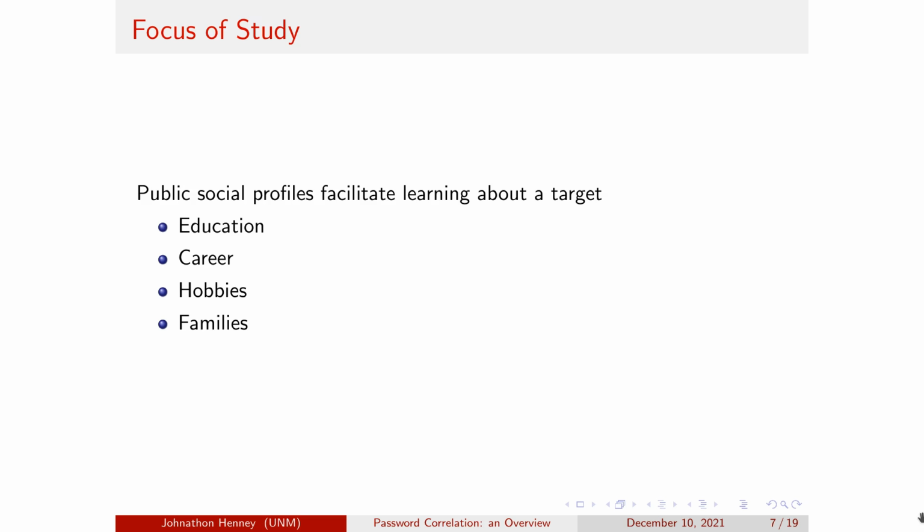And when you learn about them, you can predict passwords easier. Things that you might look into is what's their education, what career field are they in, what are some hobbies they have, and who are their family, and what relationships do these people have with family, friends, and special dates.